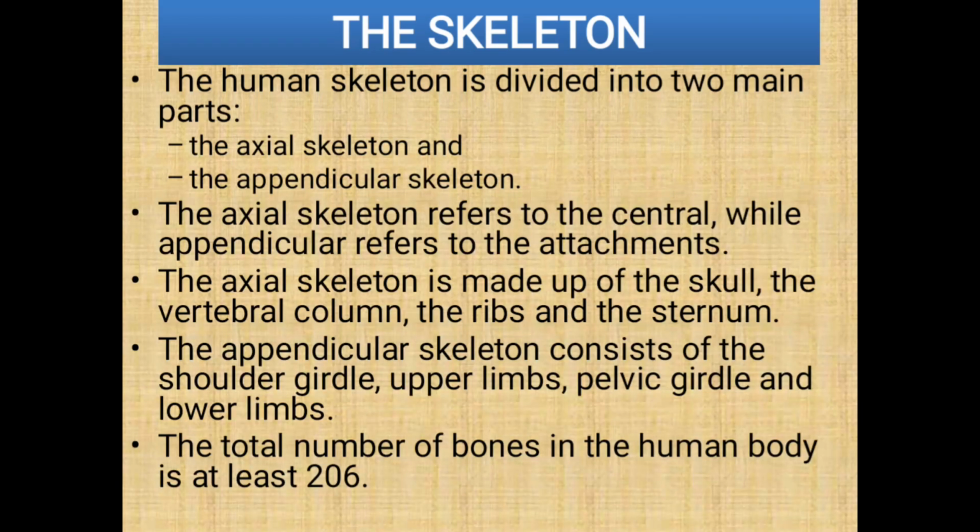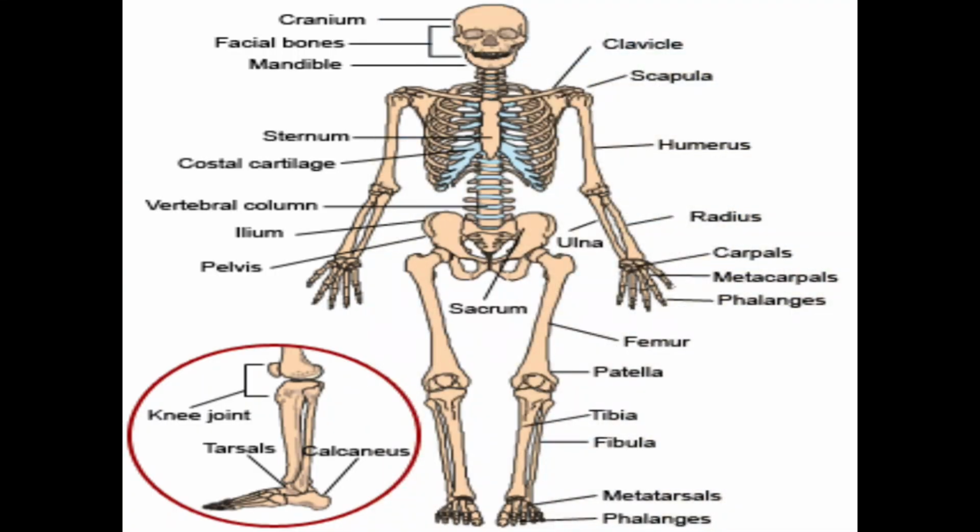So the number of bones in the human body is, can you guess? Without looking, 206. So basically that is a picture of the human body bones. So from the top we can see the cranium, we can see the facial bones, we can see the mandible.